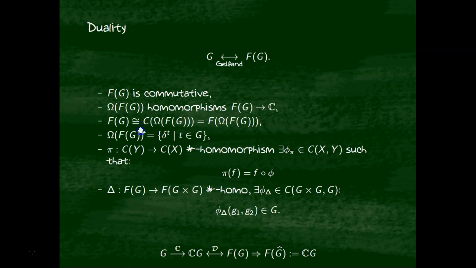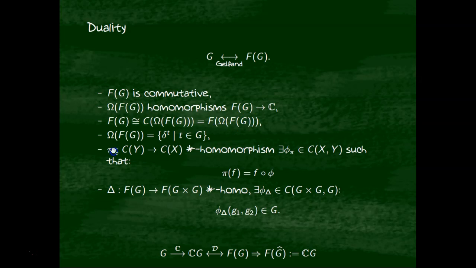It's isomorphic to the continuous complex valued functions on the characters. Now, because we're in finite dimensions here, whatever way we want to talk about continuous, everything is going to be continuous. So it's the functions on the characters.